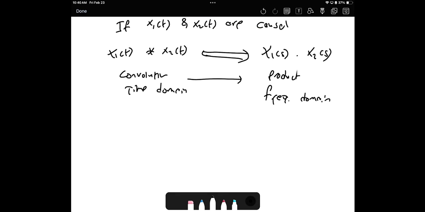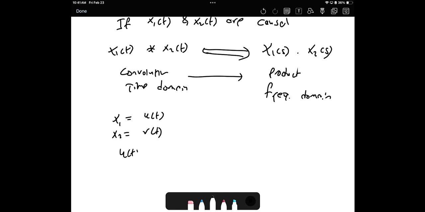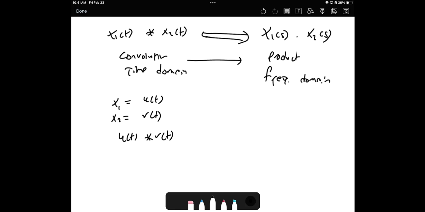So basically, if we need to do, for example, the convolution of u of t with r of t, I'm sorry, we need to do a convolution like x1 as u of t, x2 as r of t. Then we do the convolution u of t convolved with r of t. The best way is to convert u of t to be 1 over s.